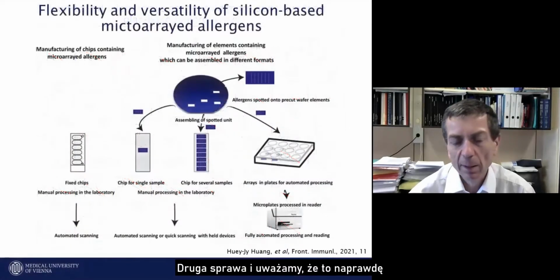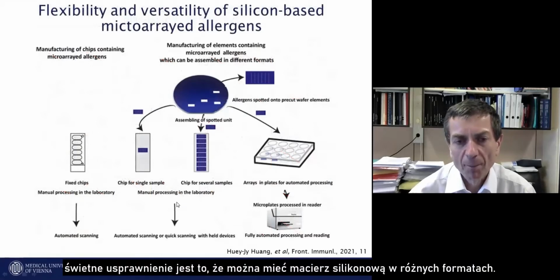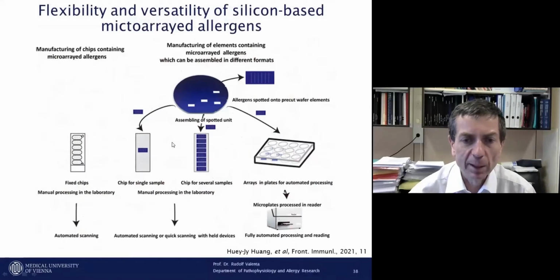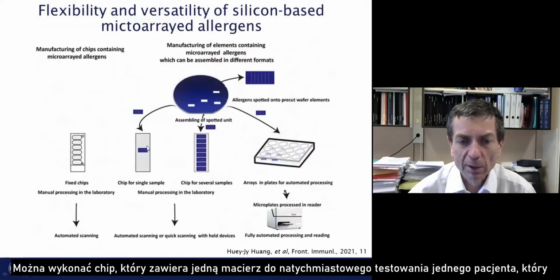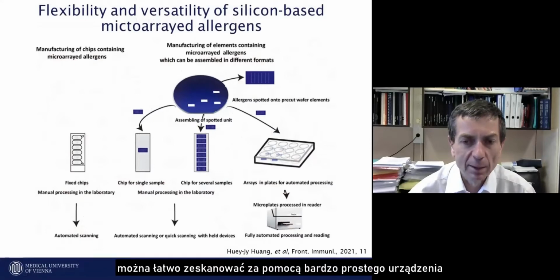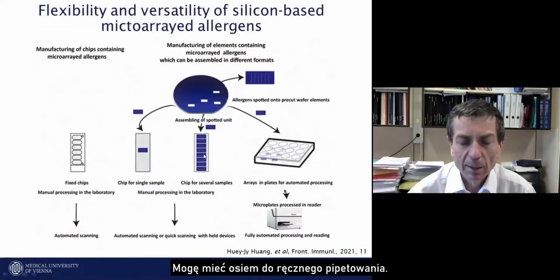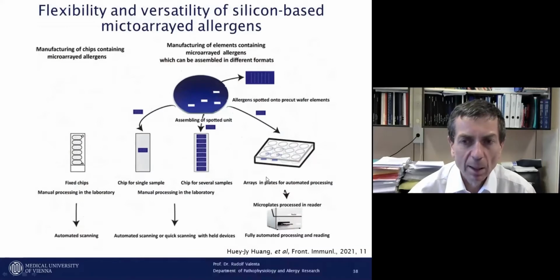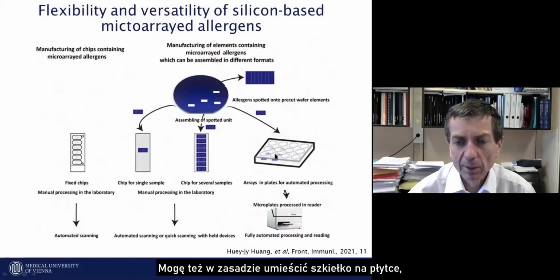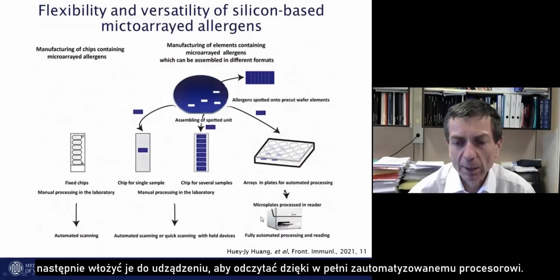The second thing, and this is what we think is really the great improvement, is that I can have the silicon array in different formats. I can make you a chip that contains 1 array for testing 1 patient, immediately to be scanned easily with a very easy device. I can have 8 that I can do by hand pipetting, and I can insert the slide in a plate and put it in a machine to read it by a fully automated processor.